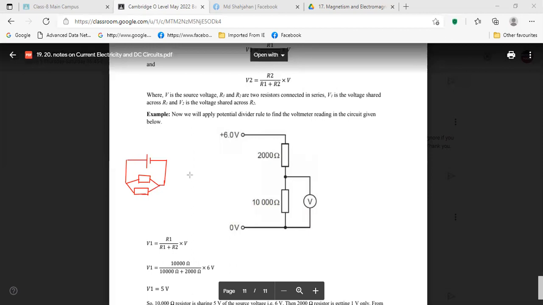This one is the circuit. For example, here we have 12 volts, right? So both of them have 12 volts, right?